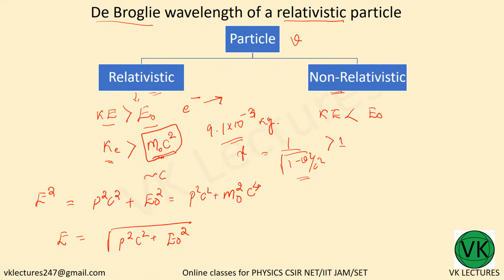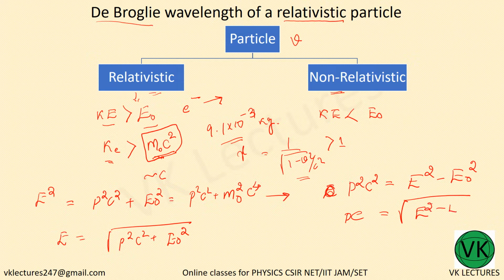From the above equation we can write P square c square is equal to E square minus E naught square, or PC is equal to under root E square minus E naught square.